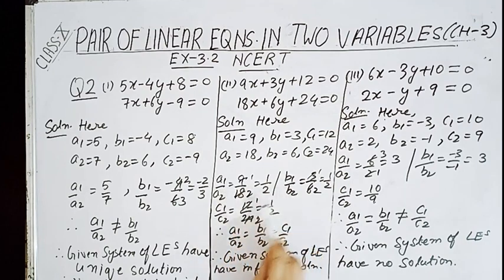Thus we find that all three ratios are equal, so we can write a1 by a2 equals to b1 by b2 equals to c1 by c2 equals to 1 by 2. Therefore, the given system of linear equations has infinite solutions. Therefore, lines are coincident.